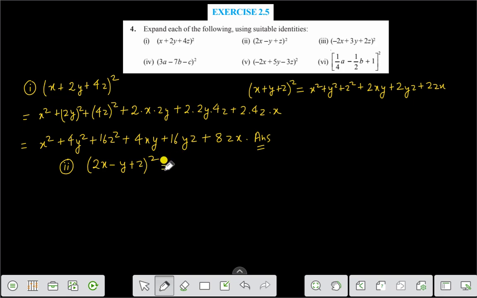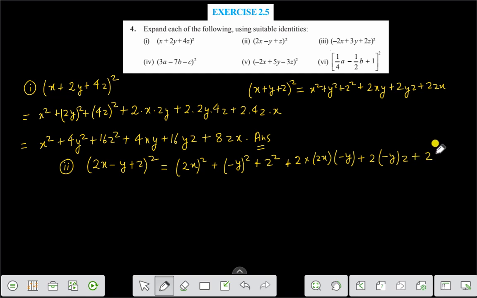That is equal to 2x whole square plus minus y whole square plus z square plus 2xy, 2 into 2x into minus y, plus 2yz, 2 into minus y into z, plus 2zx, 2 into z into 2x.